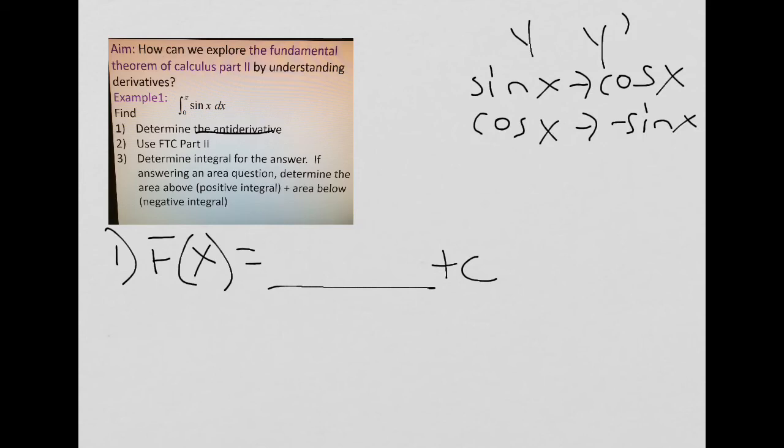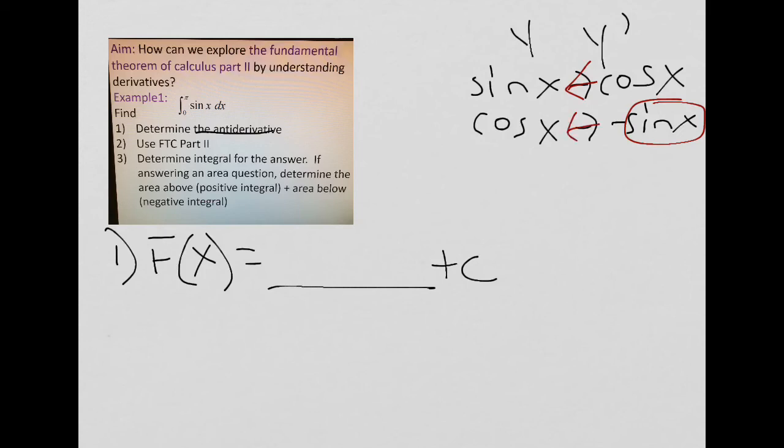So in this particular case, I wrote down, hey, when y is sine of x, y prime is cosine of x. When y is cosine of x, y prime is negative sine of x. So if we need the antiderivative, we have to work the other way. If our integral was the integral of cosine of x with respect to x, we would simply write sine of x. Unfortunately, that's not the case. It was sine of x.